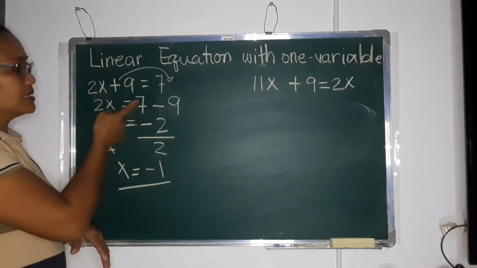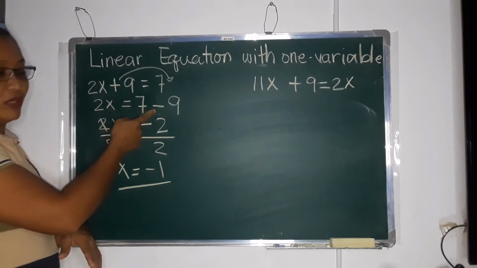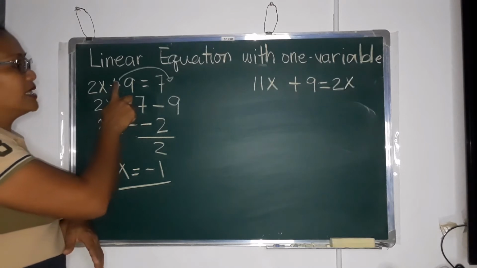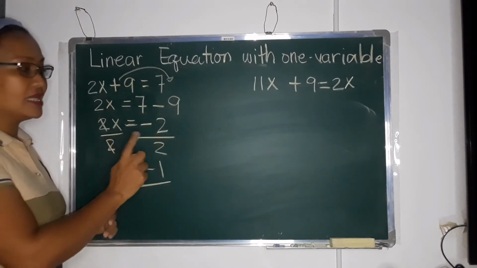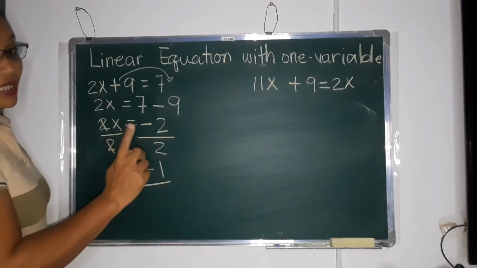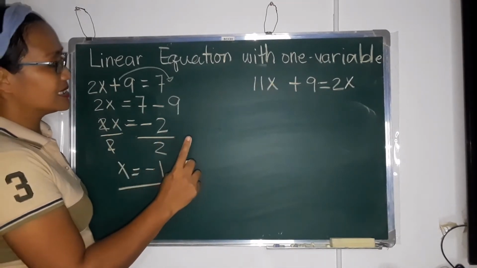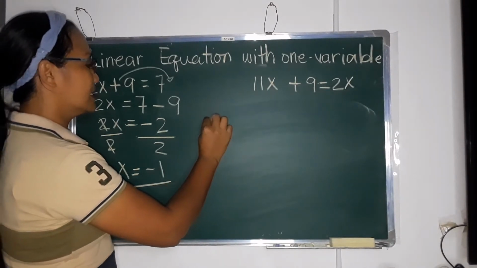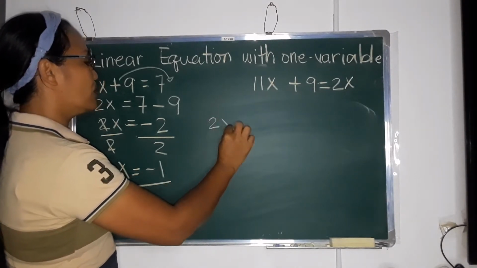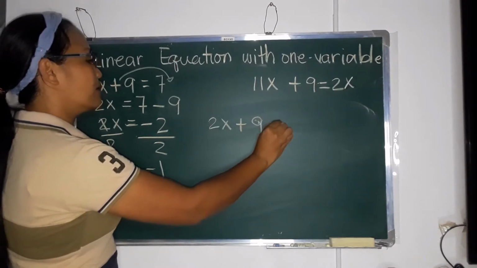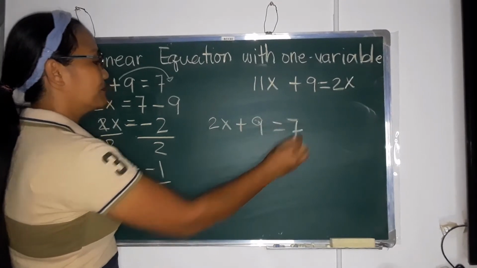Let's go back to this rule. Why is it that the positive 9 when we transpose over equal sign becomes negative 9? Actually, the long method is addition property of equality. So let's try in here. So 2x plus 9 is equal to 7. Okay?